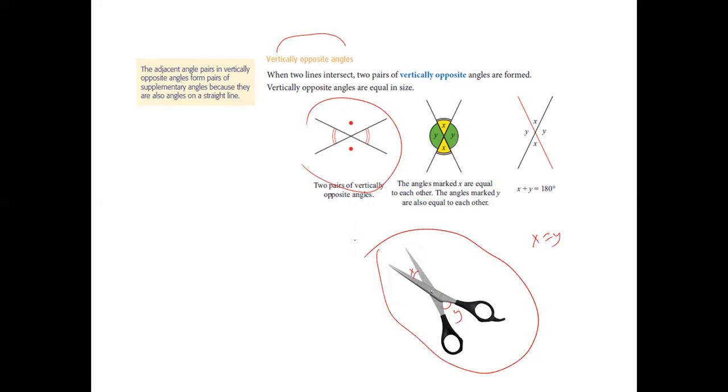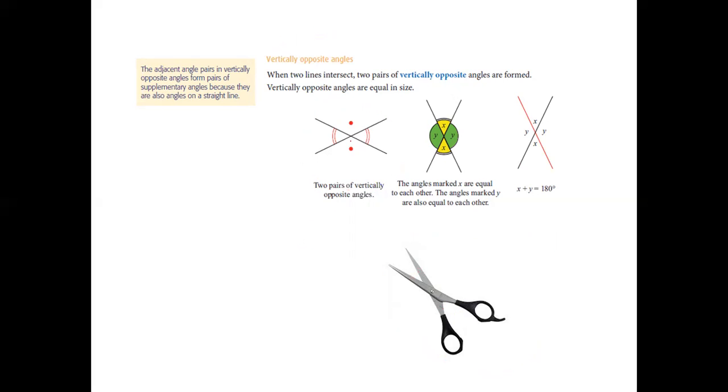Don't forget it. In the first example, there are two pairs of vertically opposite angles. This angle and this angle are equal to each other, and this pair is also equal. And y is equal to y because two straight lines intersect to make equal parts. Here also x and x, and y and y.